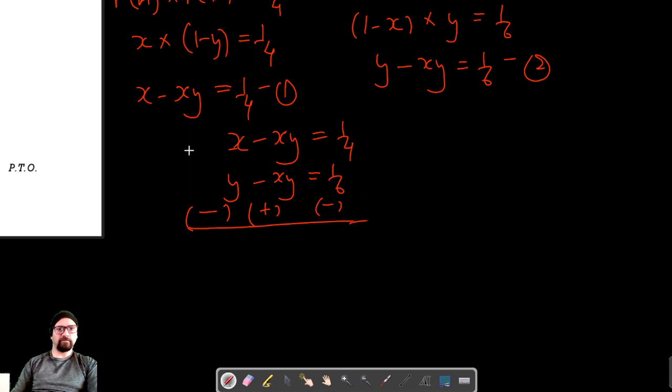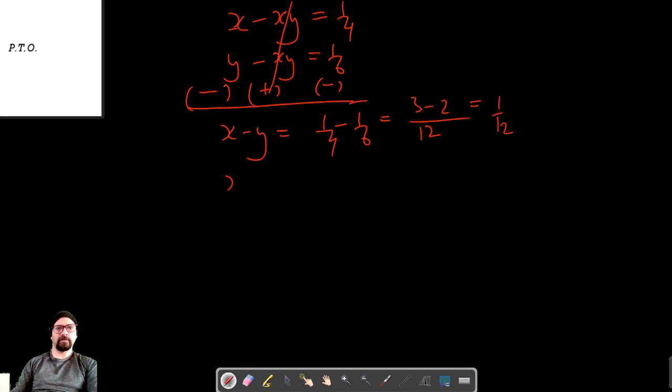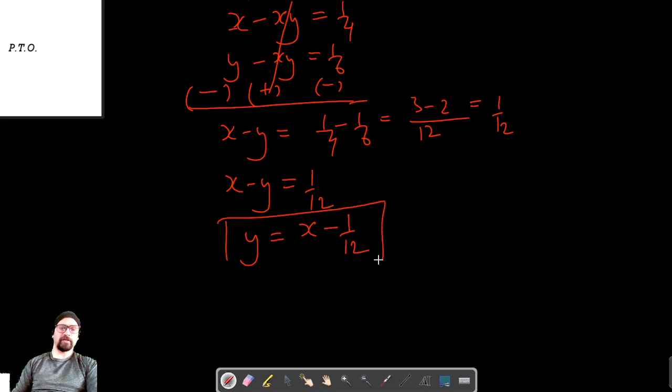These are the equations. So if I try to solve this, it gives me X minus Y is equal to 1 by 4 minus 1 by 6. LCM is 12, so this is 3 minus 2 over 12, which is 1 by 12. So X minus Y is equal to 1 by 12, and Y is X minus 1 by 12.